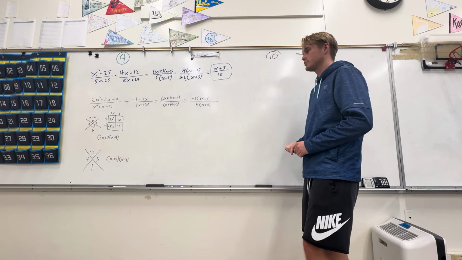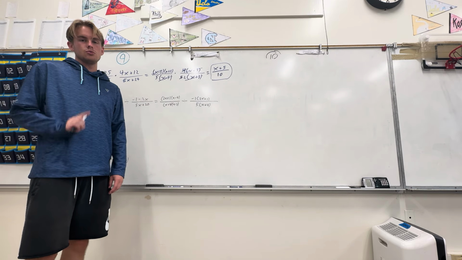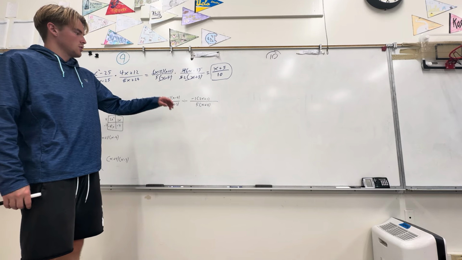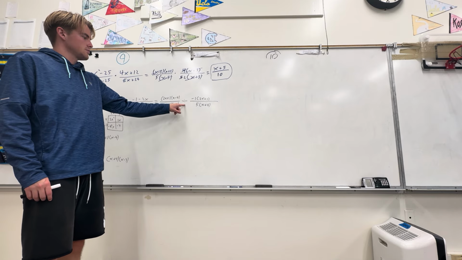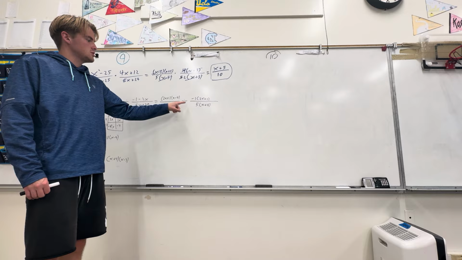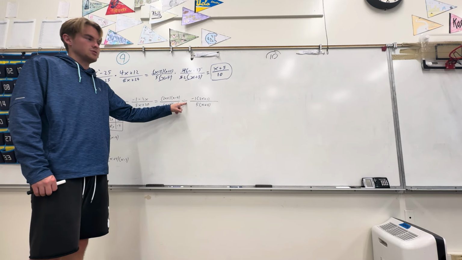Now down here, for the division, you're doing the same thing, but there's just one additional step. You want to turn this into a multiplication sign. All you have to do to turn this symbol from a division symbol to a multiplication symbol is flip these two things. So that's what we're doing this next step.